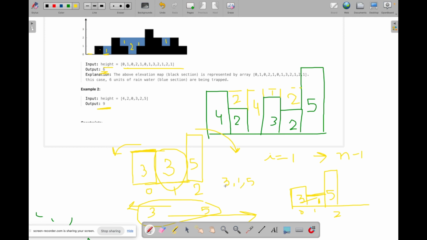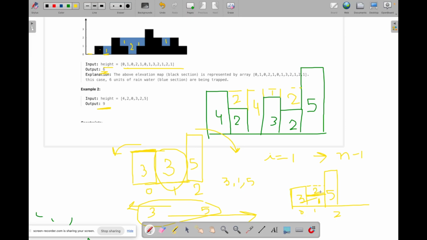At index 0 there is a wall of 3 units, at index 1 there is a wall of 1 unit, and at index 2 there is a wall of 5 units. So we can store only this much amount of water. And how much is it? It is 2 units.